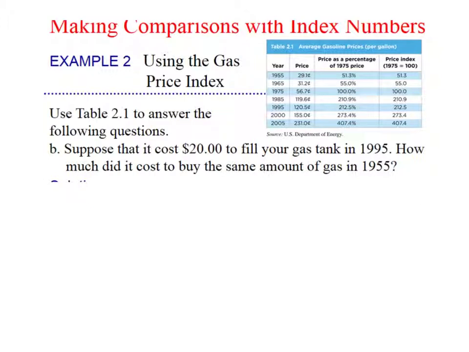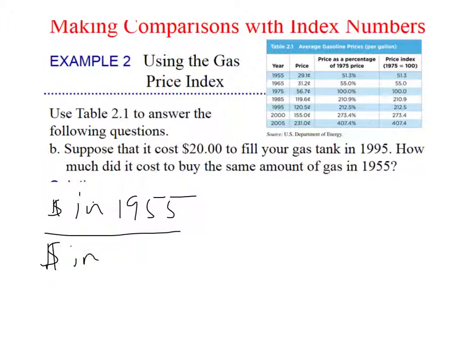So you can certainly follow the method in the book, and I'm actually going to show you a very similar method. I'm just probably going to word it a little differently. They're asking me to find out the cost of gas in 1955, when I know that the cost in 1995 is $20. So what I'm looking for is the cost in 1955.